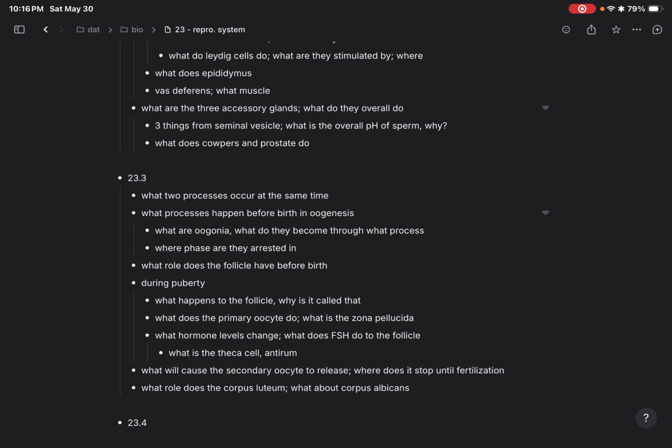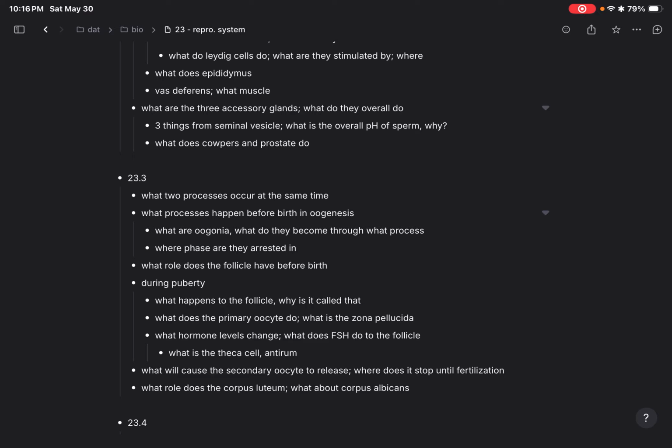Okay, so the seminal vesicle releases 3 things. It releases fructose for energy for the sperm, like a sugar. There's also an alkaline buffer.